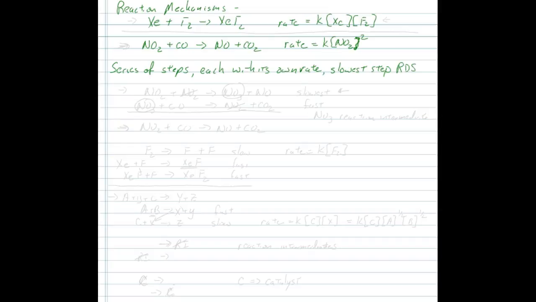So for this reaction, what might happen is you have NO2 plus NO2 makes NO3 plus NO, and this is the slowest step.